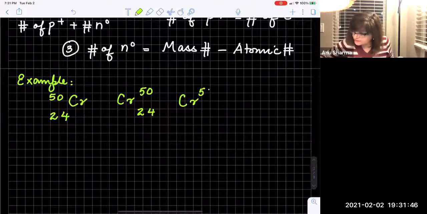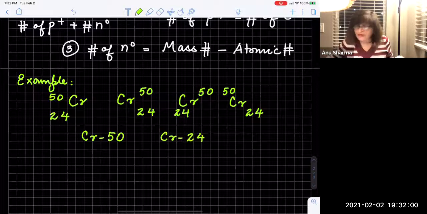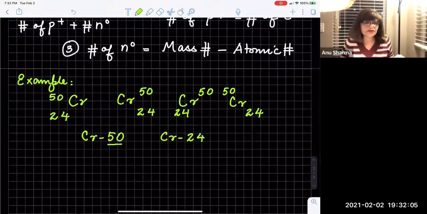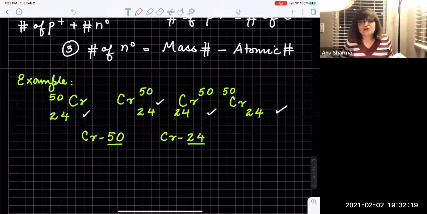It depends on what we are focusing on. If we are focusing on the mass, it's okay to use one form, but if you're focusing on the atomic number, then you use the other. Any of these forms, as you see in different books, depending on publishing and typing, are all correct.